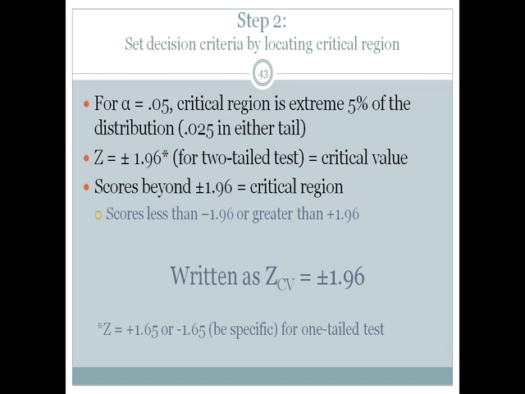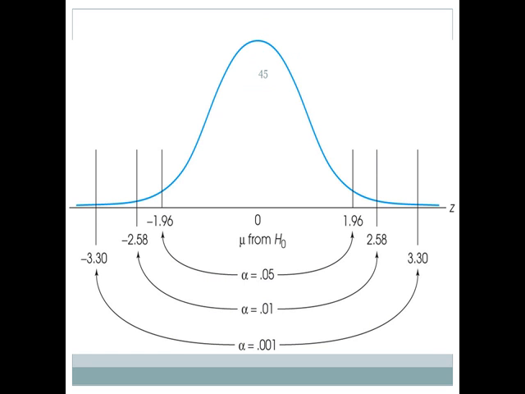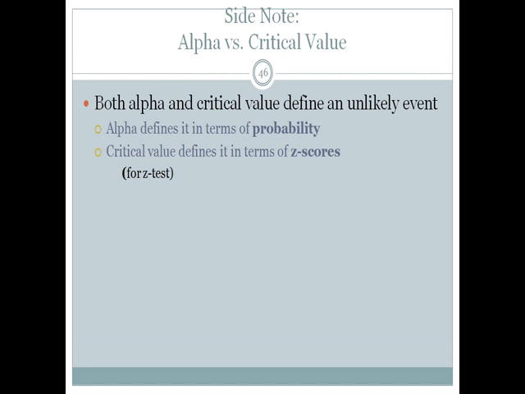Here are some alternatives. If we were not using alpha equals 0.05, if we wanted to choose a more stringent alpha level, then we would have to use the more stringent Z values found here. I want to make note here of the difference between the alpha level and the critical value.